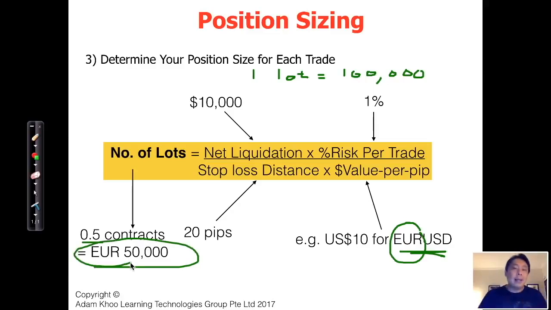Okay, so that's exactly the number of euros that you will buy to place this trade. Okay, so notice that in your account, you've got $10,000 in cash, but you're buying 50,000 in euros to take this position. So how much leverage are you using? You're using roughly about 5 times leverage.